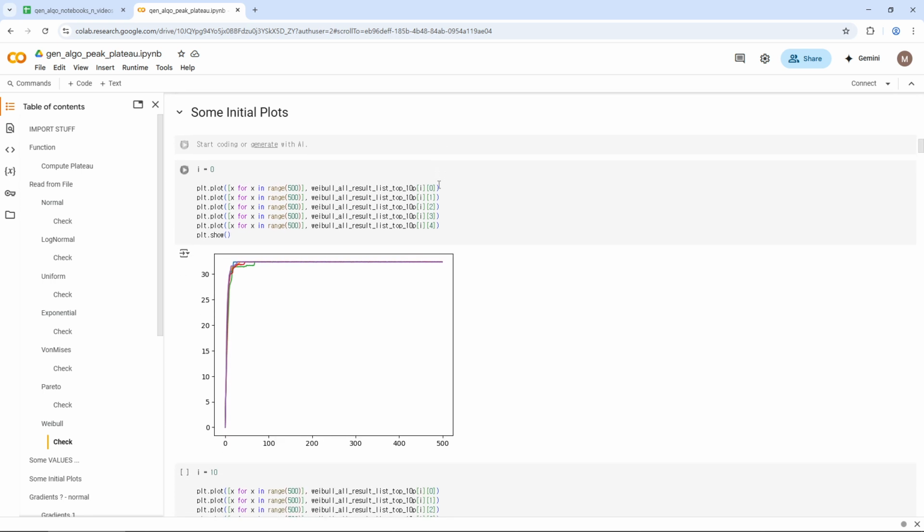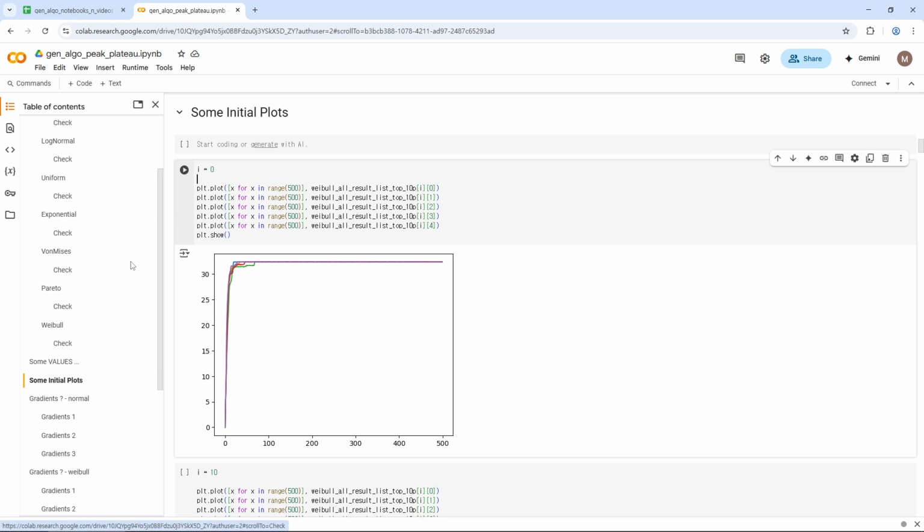And here are some initial plots. This is for the all results list top 10%, and when the maximum constraint percentage is at 0.05 or 5%, and these are all the 5 iterations.